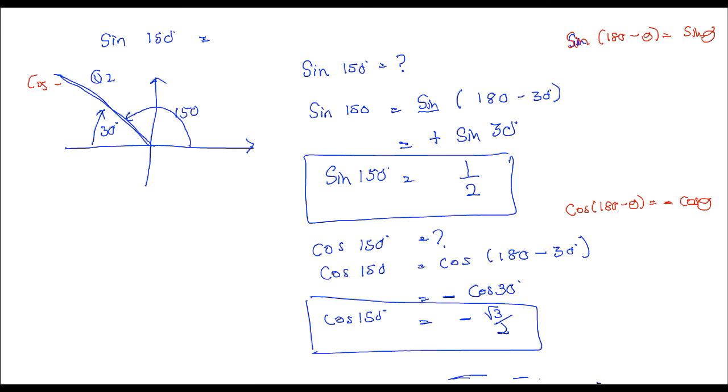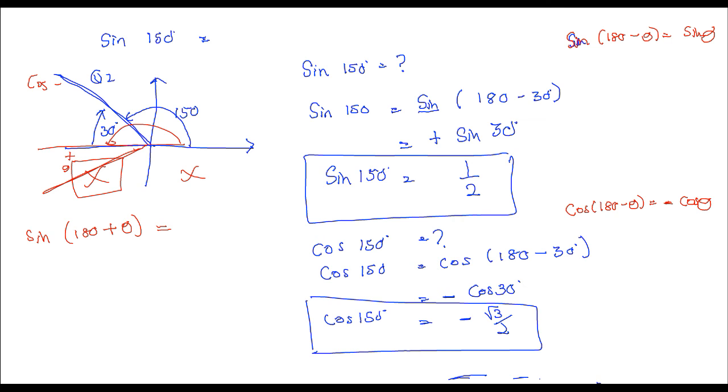Now what you need to remember basically is you can extend this rule to the third quadrant or fourth quadrant, which means either you are here or here, it doesn't matter, you can do it. The only thing you need to remember is when you associate any angle with 180, say sine 180 plus theta, which means you will be here. 180 here plus theta means you are here.